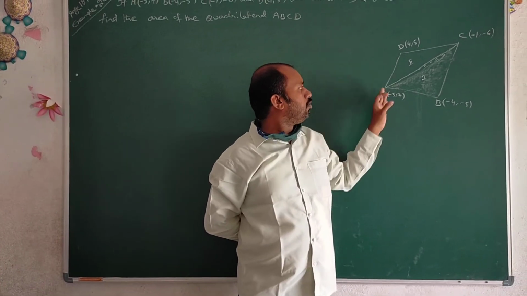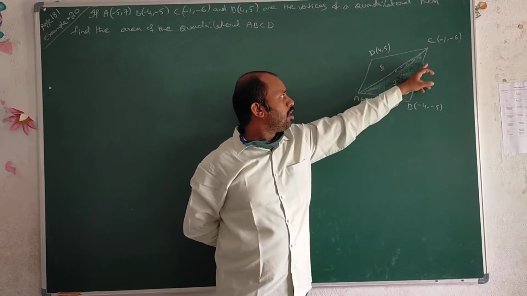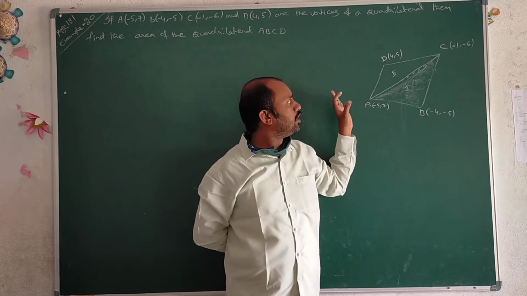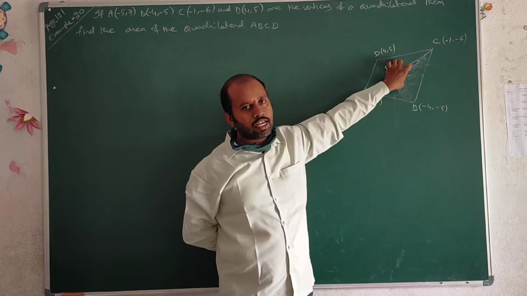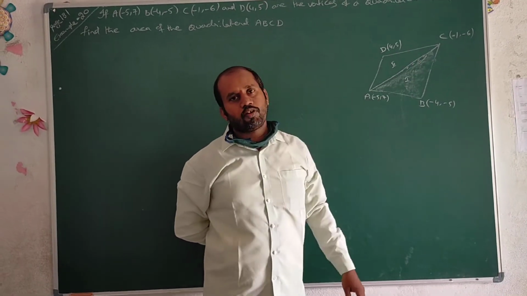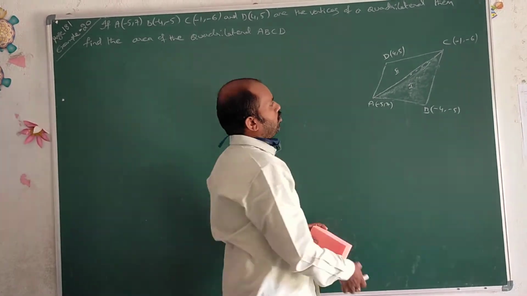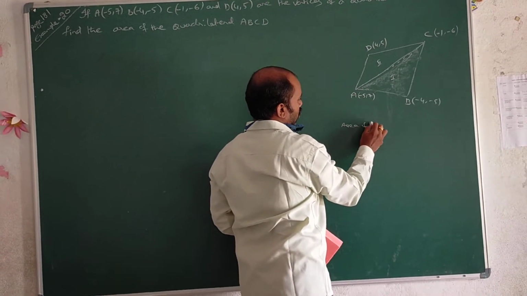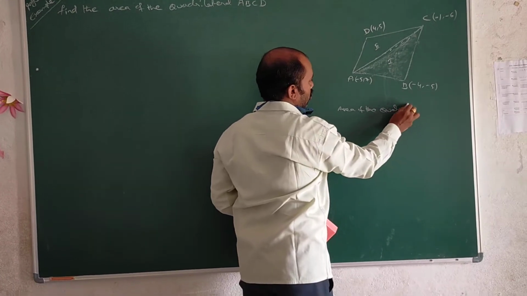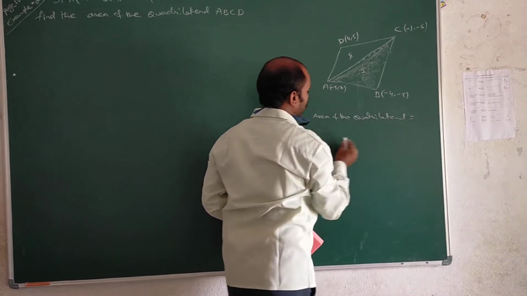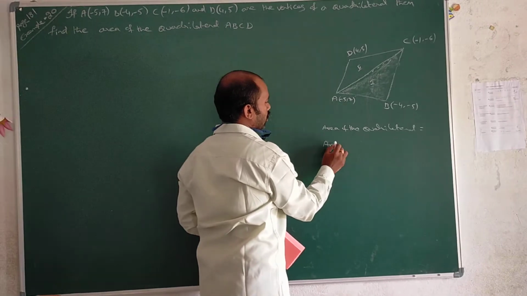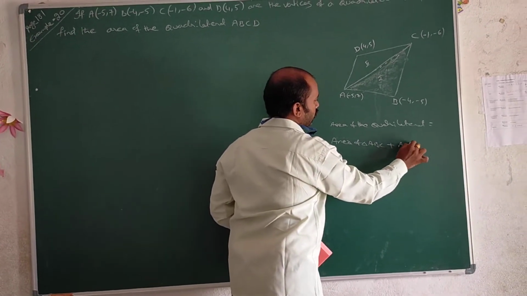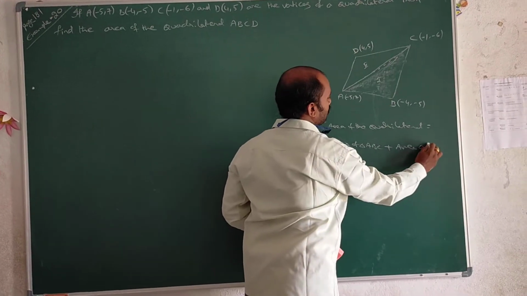Here directly, first find the area of the triangle ABC. Next, the area of the second triangle ACD. Then you add these 2 triangle areas, and you get the area of the quadrilateral ABCD. So area of the quadrilateral equal to area of the triangle ABC plus area of triangle ACD.